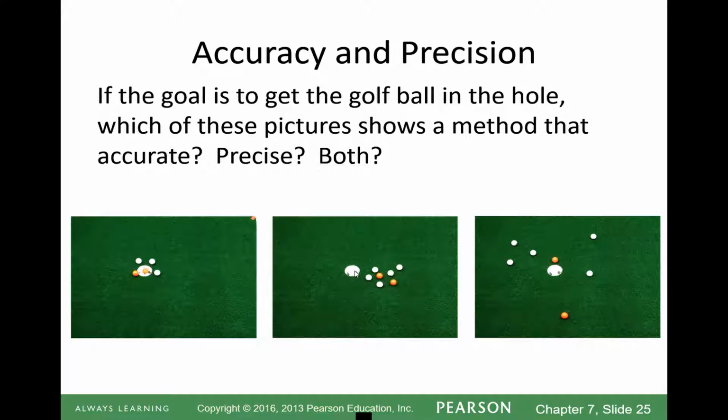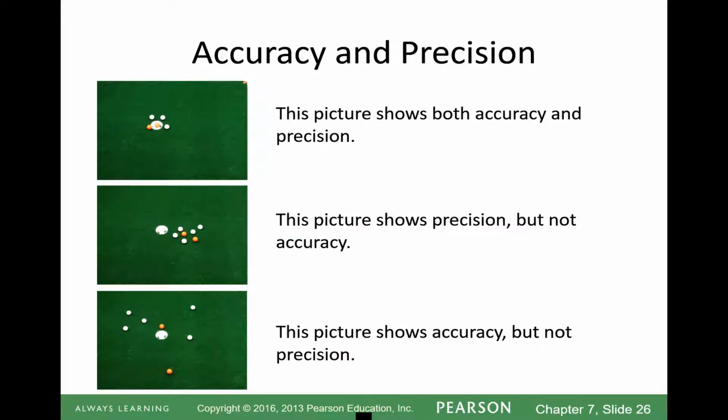It missed the hole. This one here, the first one, is accurate. You replicate it, you get close to the same result, and it is precise. It does what it's supposed to do. So you can see it there.